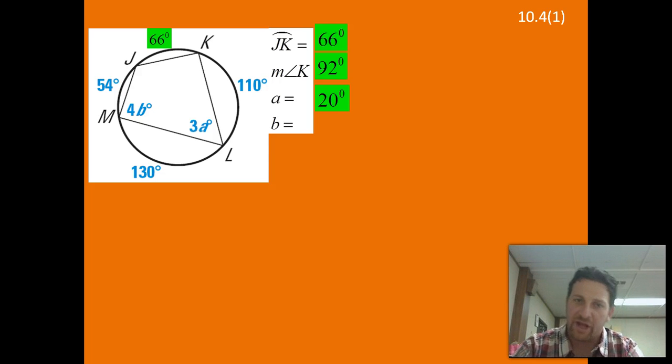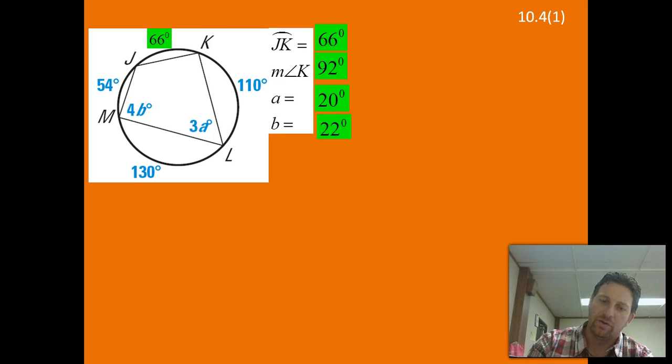So I have 4b equals 88, and then divide 88 by 4, and I get 22. So once again, from J all the way to L on the arc, going clockwise here, is 176. Half of 176 is 88, and then 88 divided by 4 is 22.